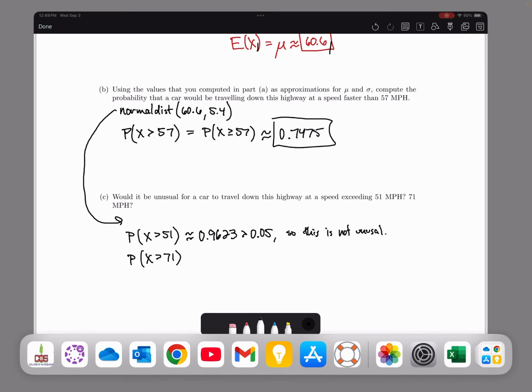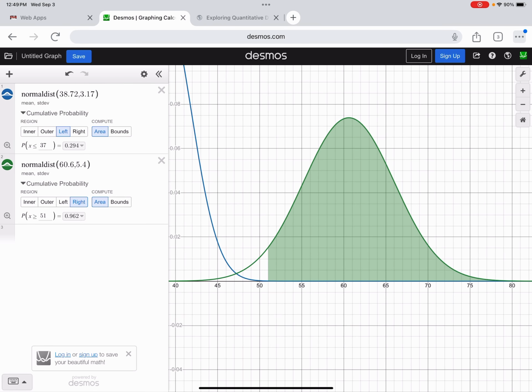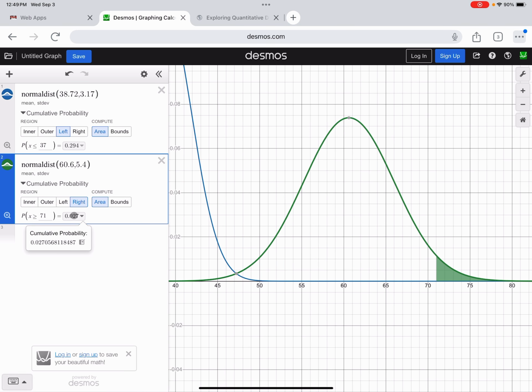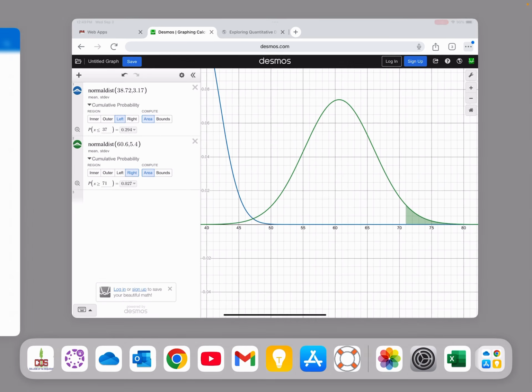Okay, what about 71? Let's see. 71 instead of 51. So that comes out to about 0.0271.